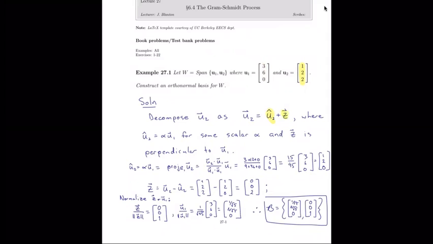We just need Z, because after all, U2 hat is just some scalar alpha times U1. So it doesn't add anything new to the space that we're trying to generate.